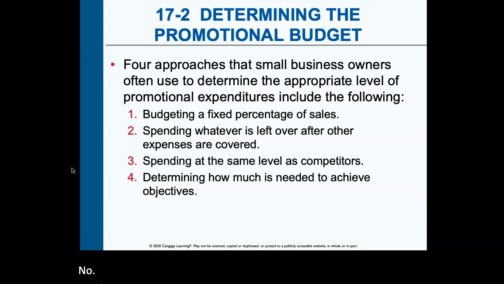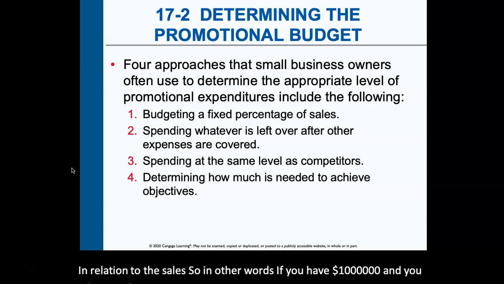So if you have $1 million and you take 5%, you're going to budget $50,000. Now that's a pretty small budget for a $1 million sales estimate, but the point is it's a percentage of sales.